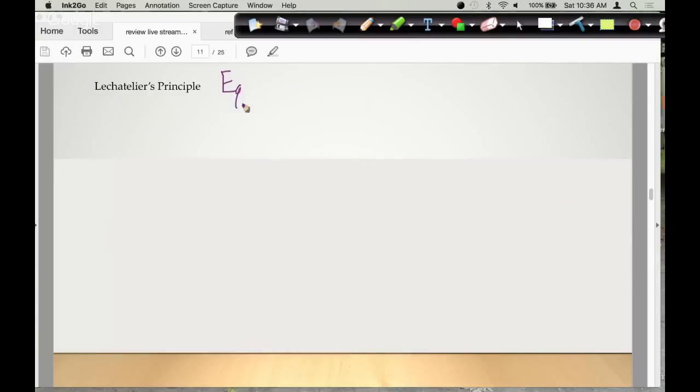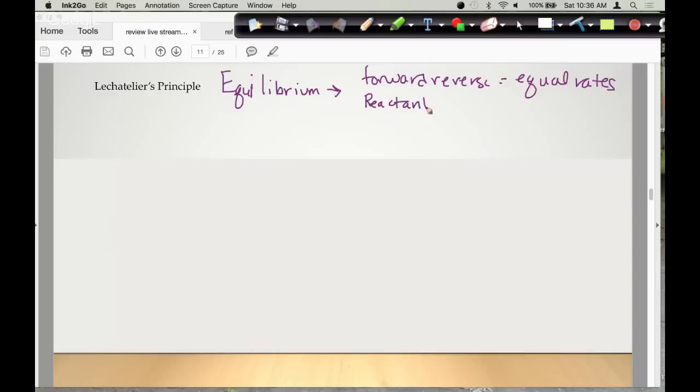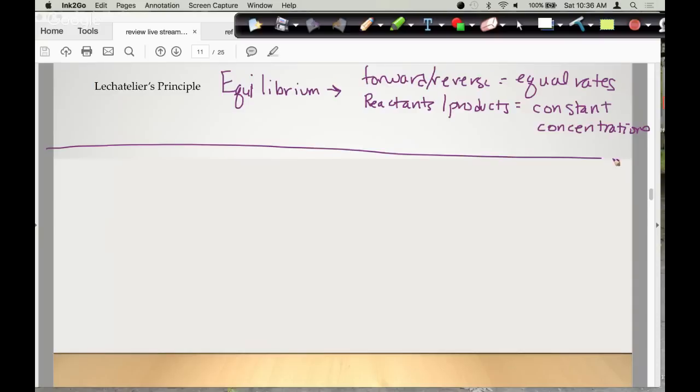When we are at equilibrium, we have reached a state where the forward and the reverse are at equal rates, and the reactants and products are at constant concentrations. So when we're at equilibrium, we've reached equal rates and constant concentrations.